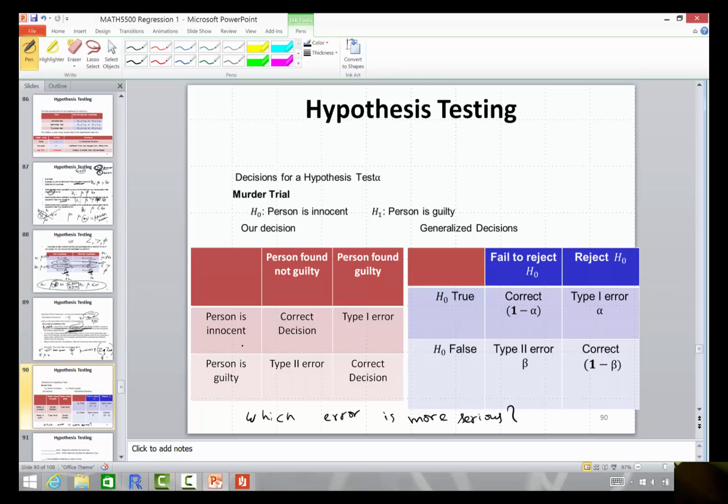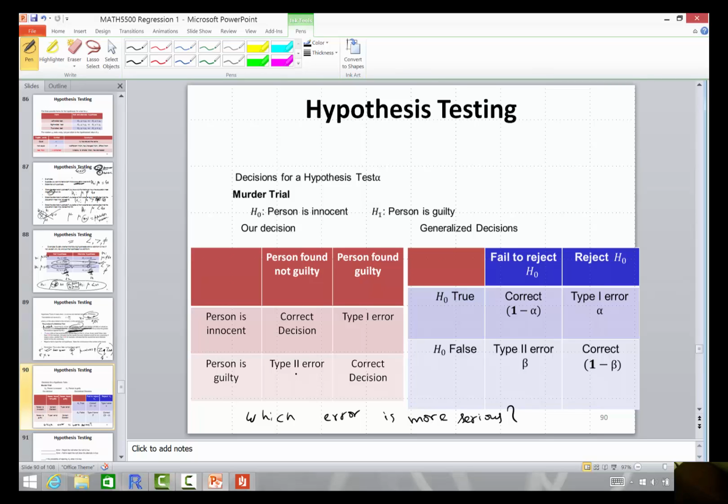Type 1 error, the person is innocent, we find the person is innocent and then we found guilty. Okay, the person is innocent and still that person we find guilty, that's type 1. Is that serious? Or the person is guilty, we found not guilty, is that serious? Which one do you think?